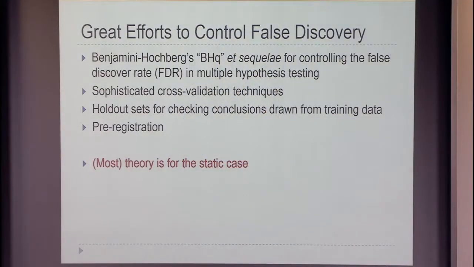In order to address some of these things, the community has come up with other techniques like sophisticated cross-validation techniques or the use of holdout sets for checking conclusions that you learn on training data and validate them on the holdout set. People do things like pre-registering the hypotheses that they're going to test and so on. But most of the theory is actually for the static case when the questions are all known in advance, they're fixed.